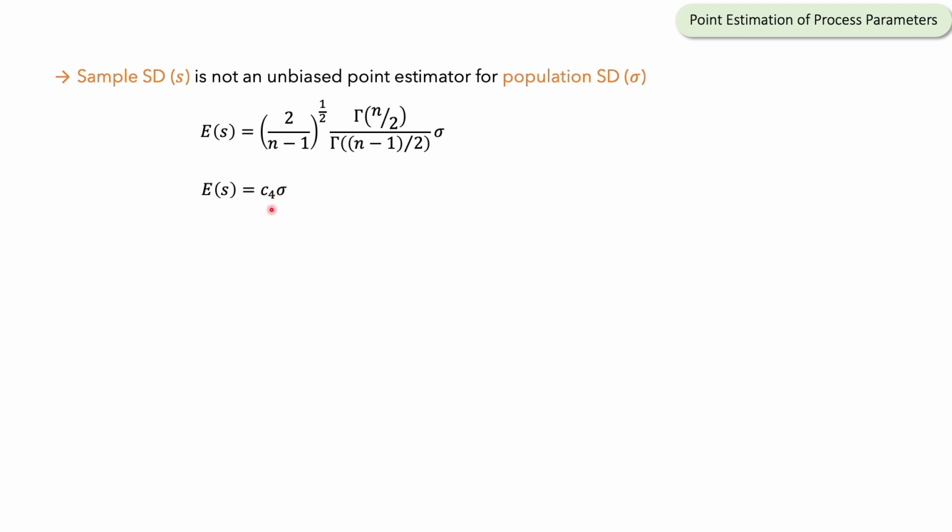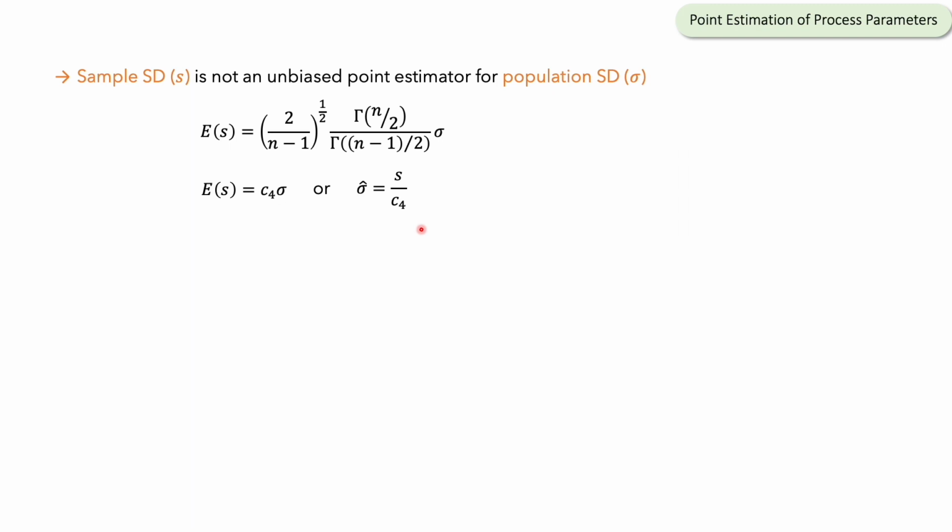The value of this factor can be found in the table given on the next slide. I will show you after this. We can also write this expression as: the estimated value of sigma is equal to S, the sample standard deviation, divided by this factor C4.